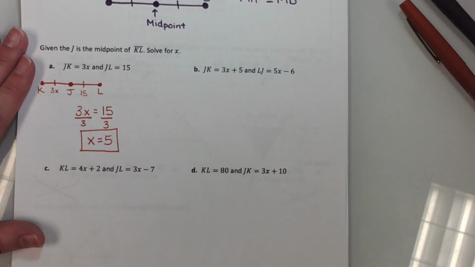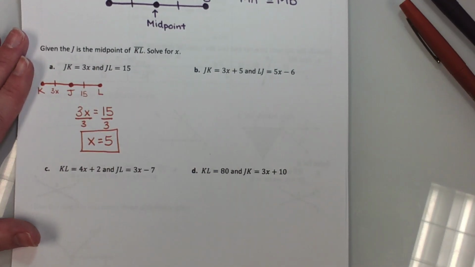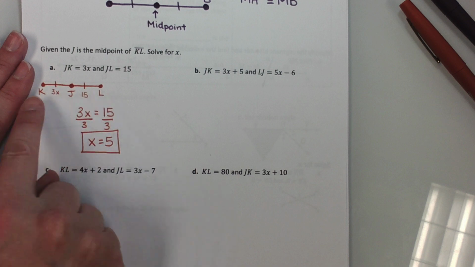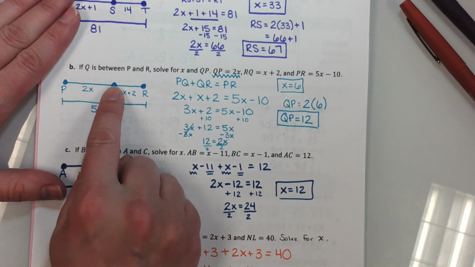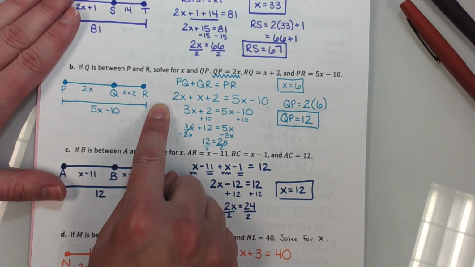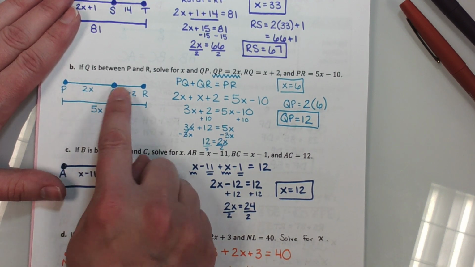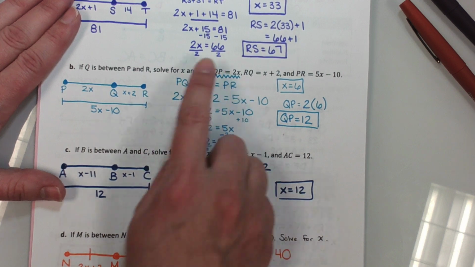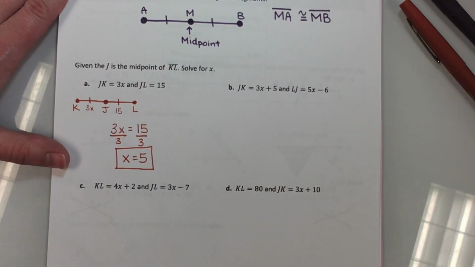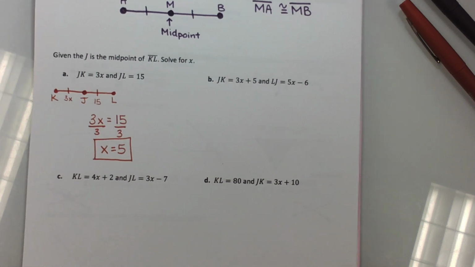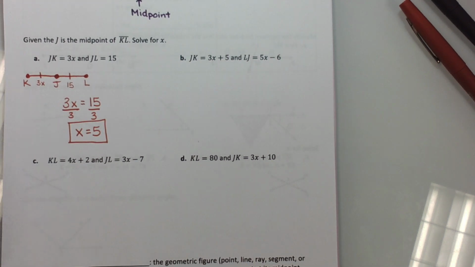This one does. Another key difference. This one I only know the two parts. I don't know the whole. This one, I know something about each part and the whole. If you know something about part and whole, you do this. If you just know something about the two parts and they've got the little tick marks, you make them equal. So, got a few more problems, then we're going to change it up a little bit.